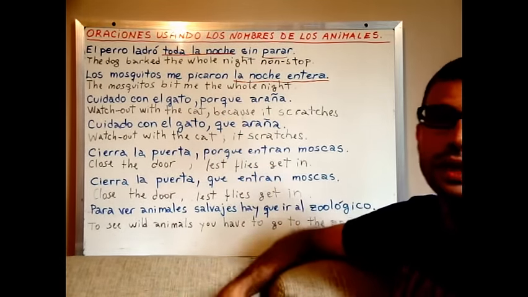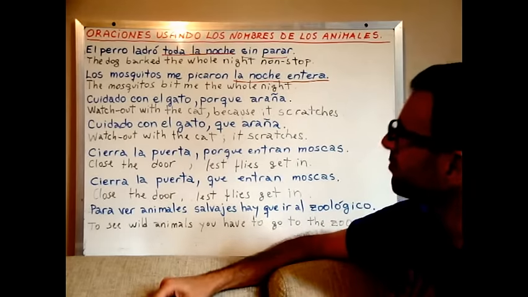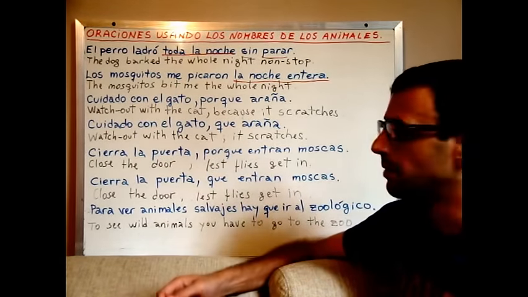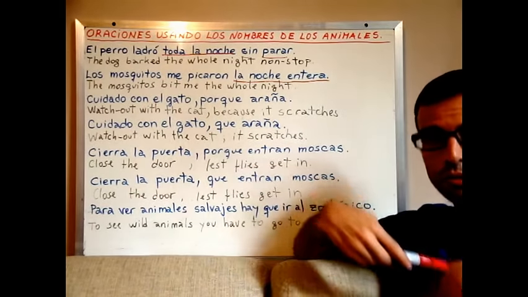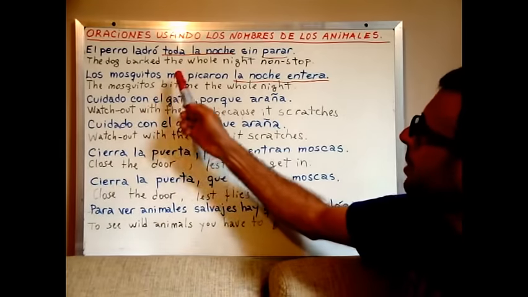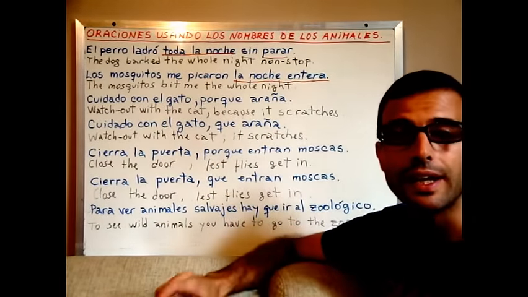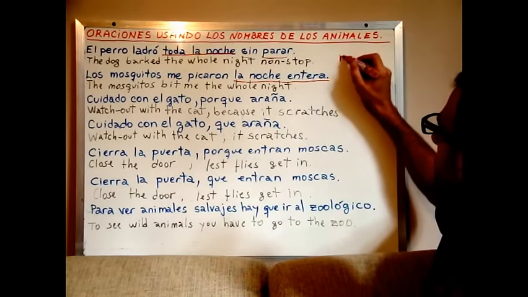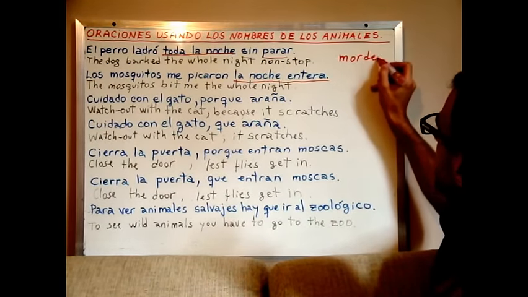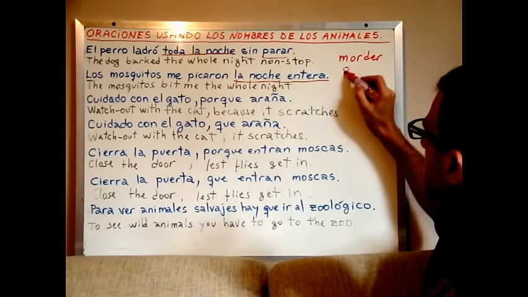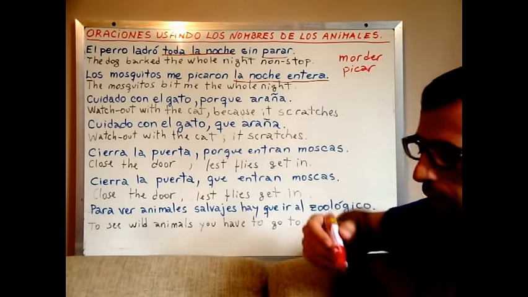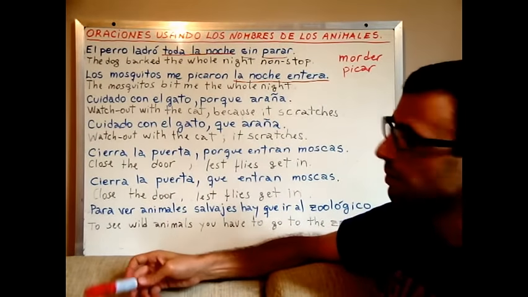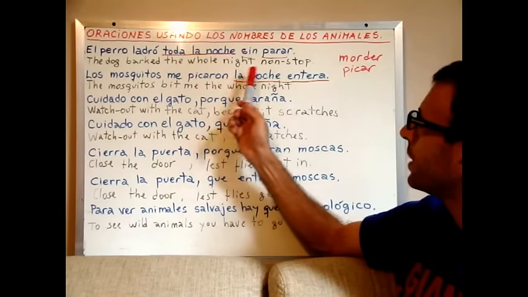Both phrases translate as the whole night. Me picaron, we translate it as bit me, right? Me would be the me, to me. But picar is actually to sting, yes? Because the verb for biting is morder, while this is the verb picar. In Spanish, we say that the mosquitoes sting, they don't bite, okay? So, me picaron la noche entera.